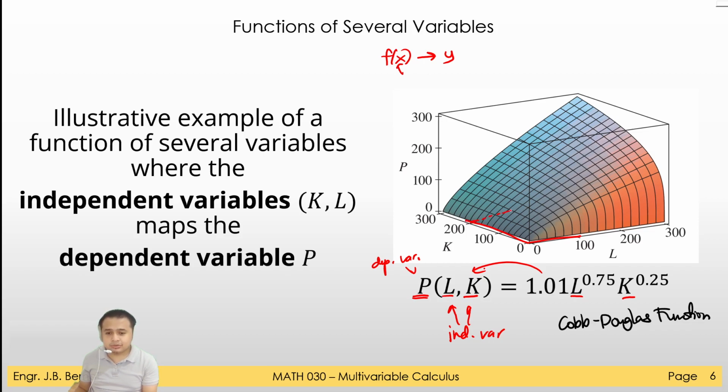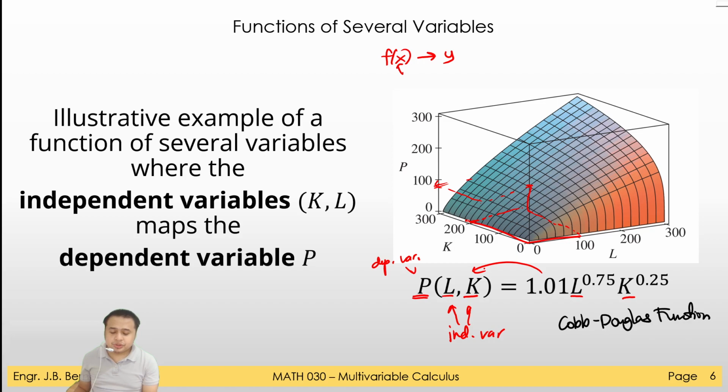You can map that out onto our surface, so you will have a height that represents this. It is harder to visualize. Let's say this is about 80. So for a labor of 100 and a capital of 200, you will have a production of, let's say, 80.